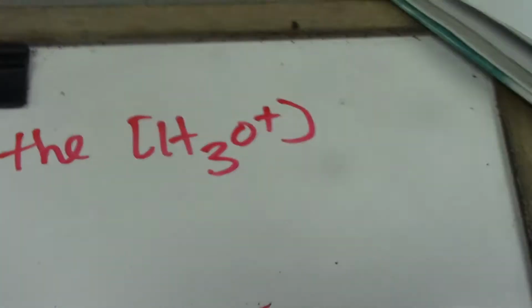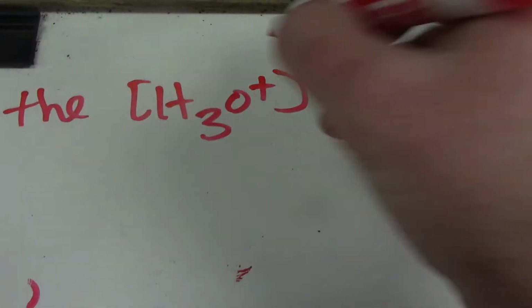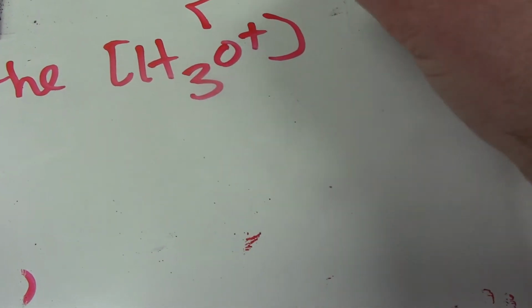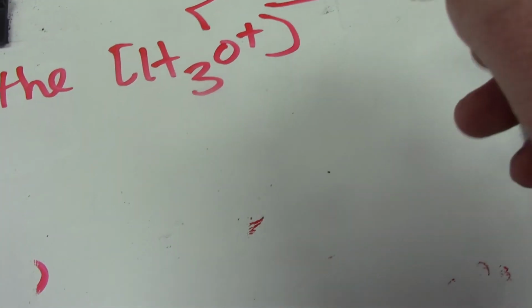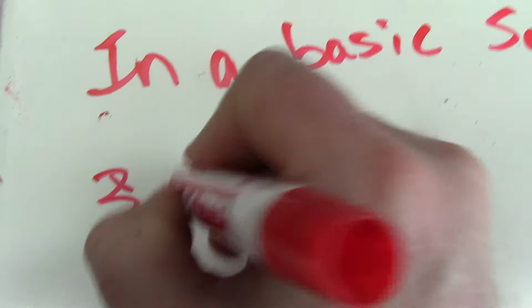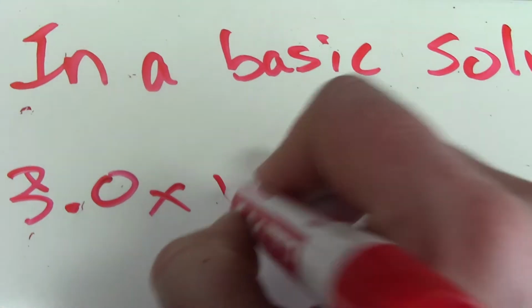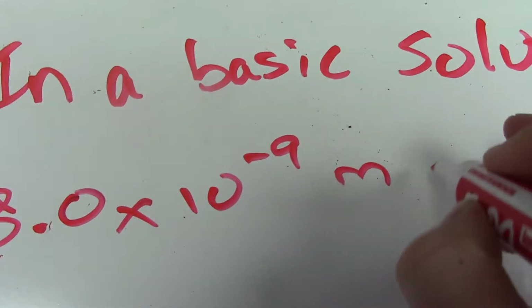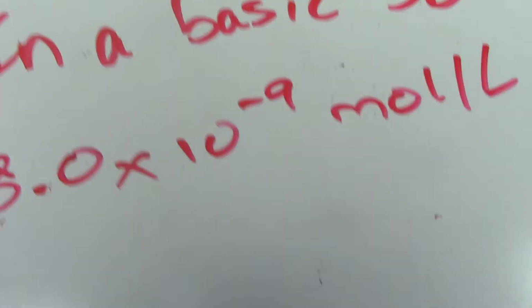So the concentration of hydronium, which remember is acidity, is 3.0 times 10 to the negative 9 moles per liter.